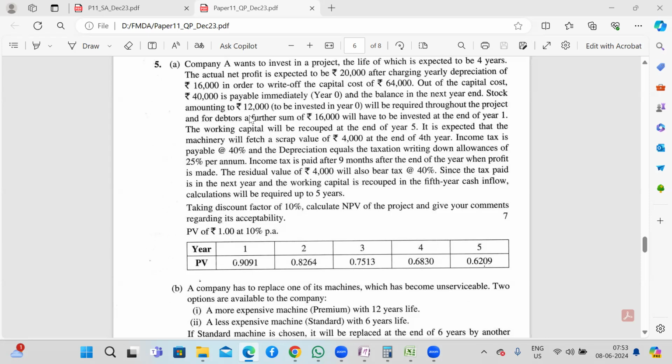Stock amounting to 12,000 to be invested in year 0 will be required throughout the project, and for debtors, a further sum of 16,000 will have to be invested at the end of year 1. So stock, that is working capital requirements.